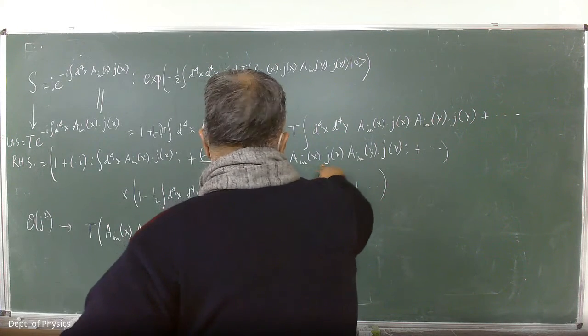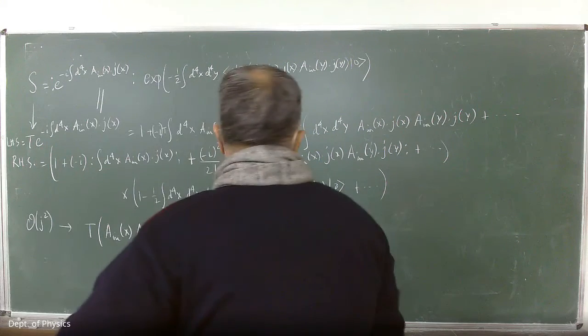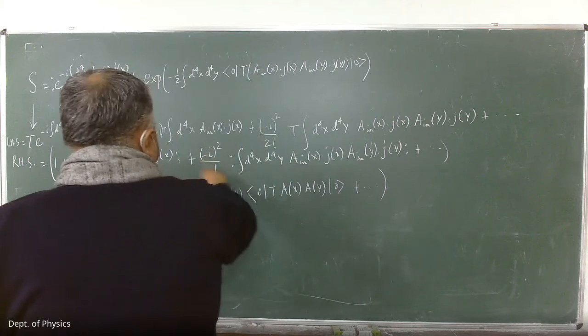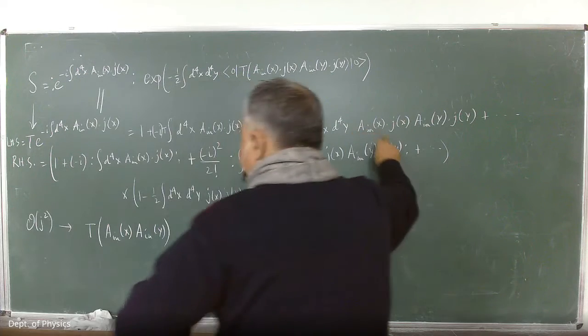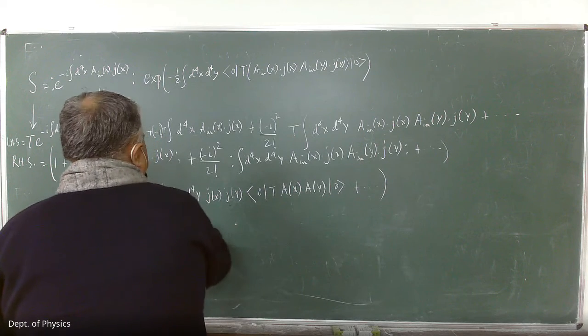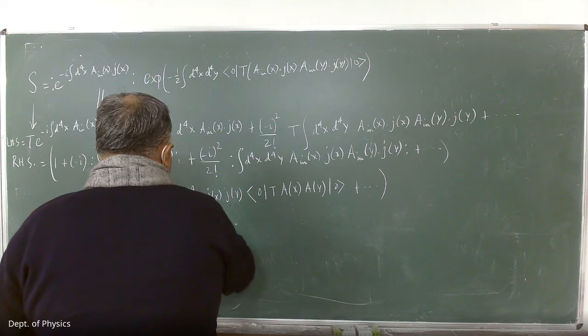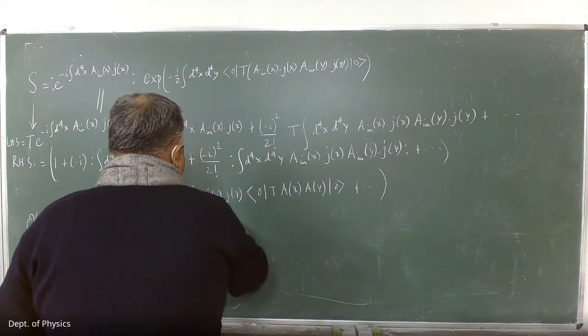This term multiplied by 1 will be one term. So minus i by 2: from here you will get A in x, A in y time ordered product, and for normal order you will get the same thing, A in x, A in y.